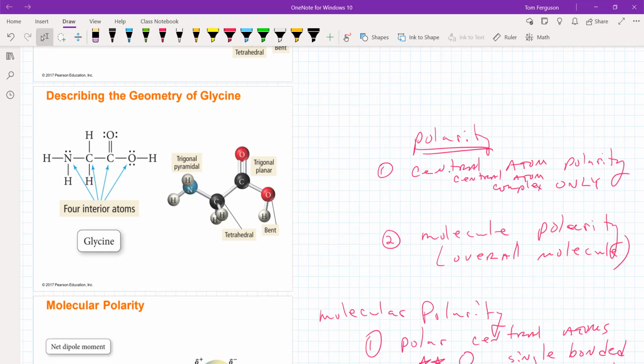Now, I'm going to give you another example, which is very different, but really the same.